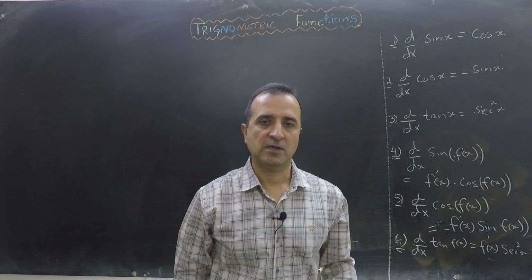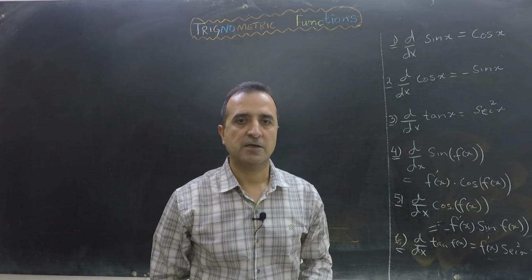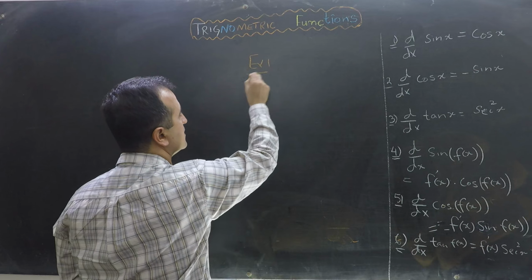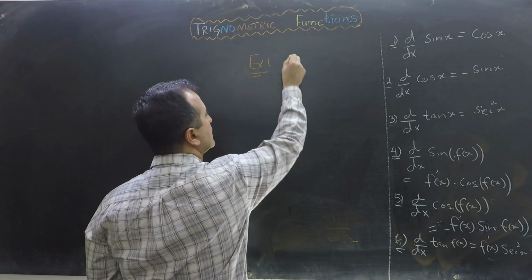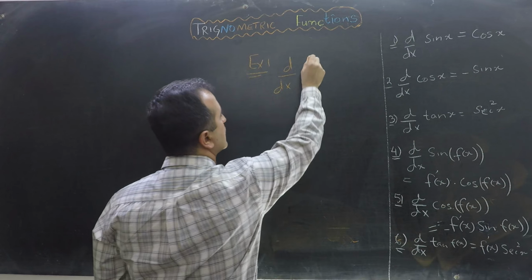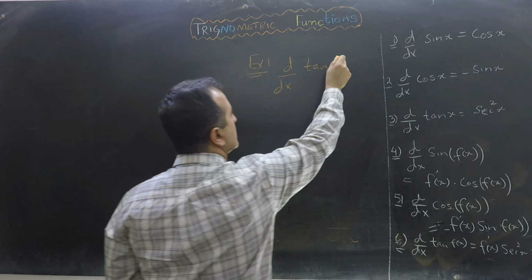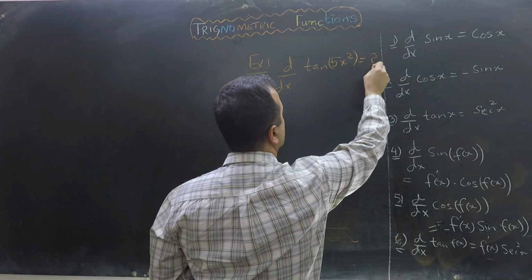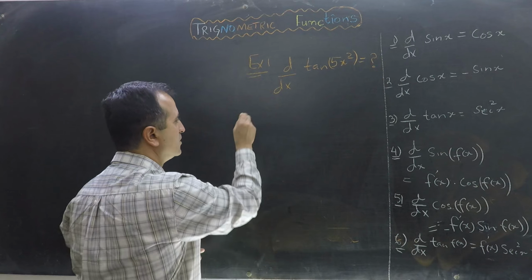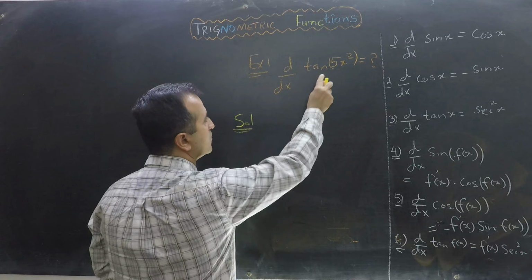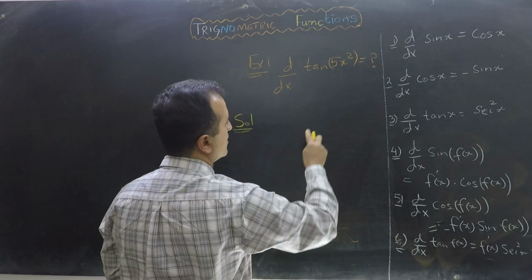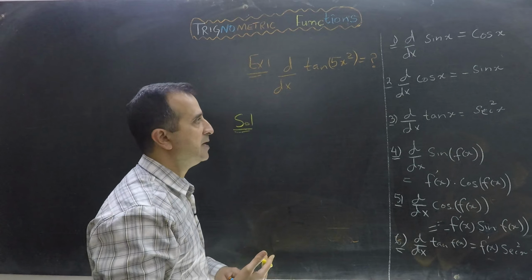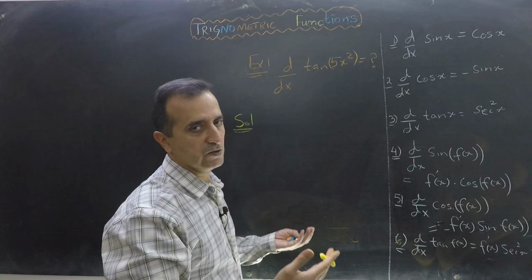Let's do a couple of examples to make these rules crystal clear. Example 1, we have to find derivative of tan 5x square. Our solution: we know that tan function of x derivative is function of x derivative times secant square function of x.